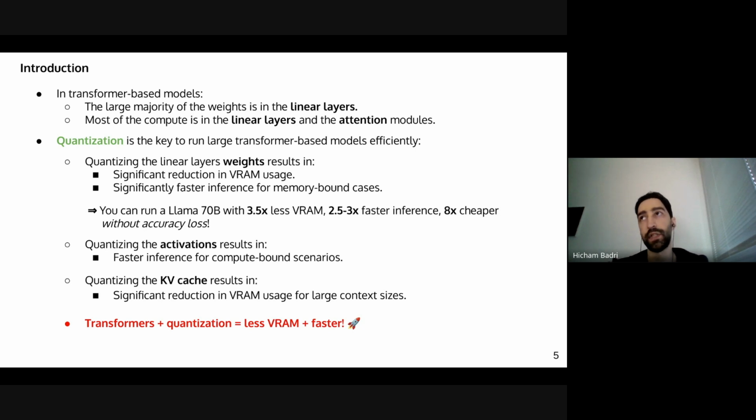This is your typical situation where you're serving a lot of requests and you have a batch size of, let's say, 64 or 128. And you can also quantize the KV cache to reduce VRAM in the context of large context size. So basically, transformers plus quantization, this duo just works really well, because not only can you reduce VRAM by a lot, but you can also make everything run faster.